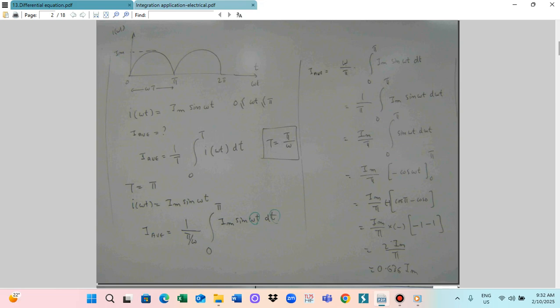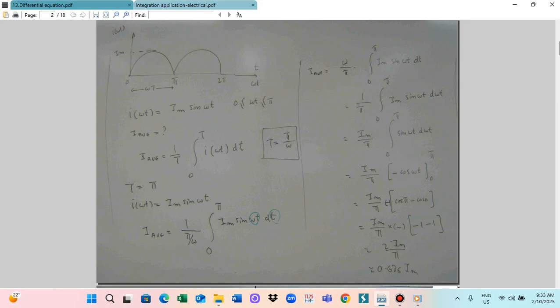So integrate the sine, you get the minus cos. So this is 1 by pi into omega. Because this T is equal to omega t, so pi is equal to omega t. So the period will be T is equal to pi by omega.